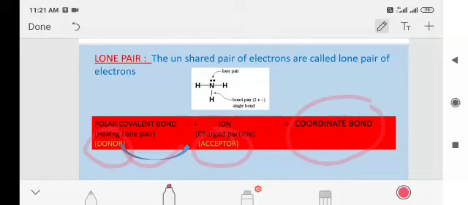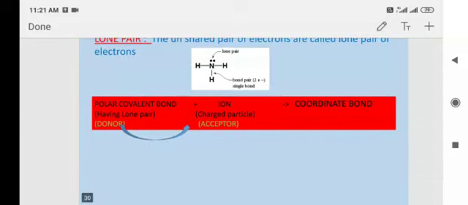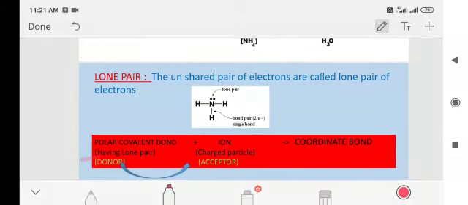This donor should have a lone pair. Just see here, under polar covalent bond, I have written in brackets 'having lone pair'. So the polar covalent bond should have a lone pair. Then only will a coordinate bond take place.